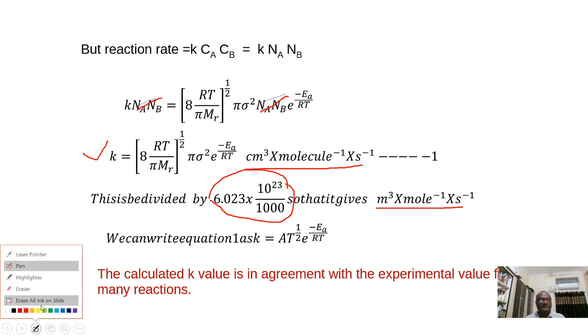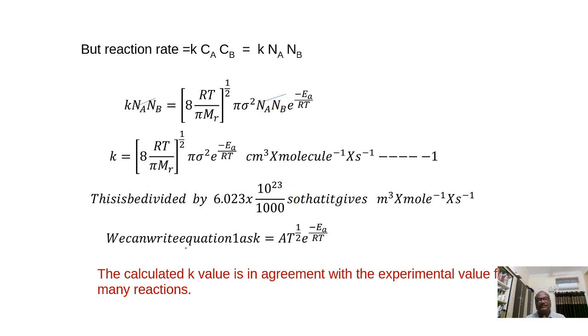Right, next, this equation number 1 can be written in the form of A. We leave the T power half term, and the remaining part is represented by capital A, which is called the frequency factor.